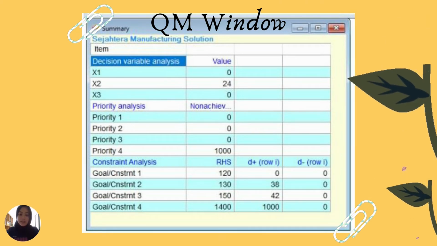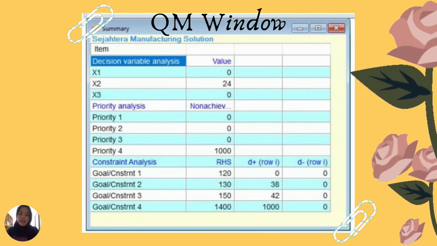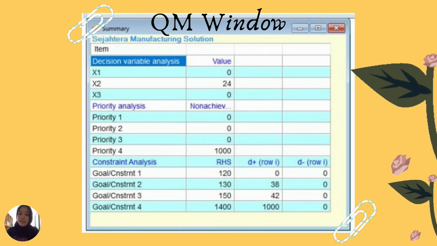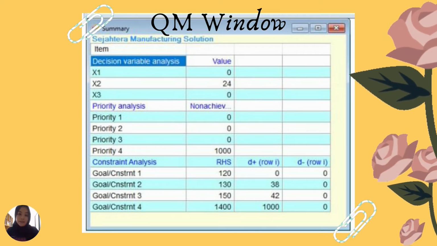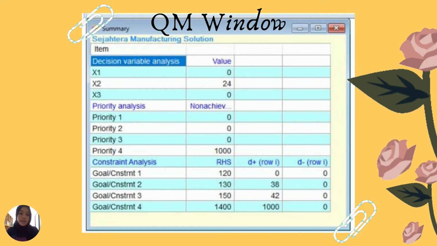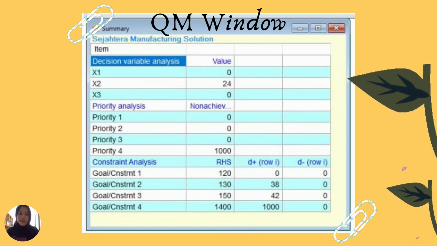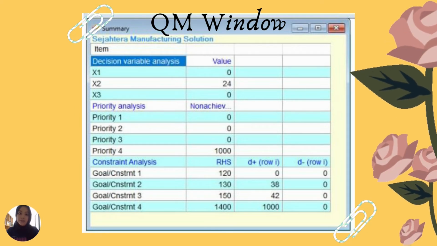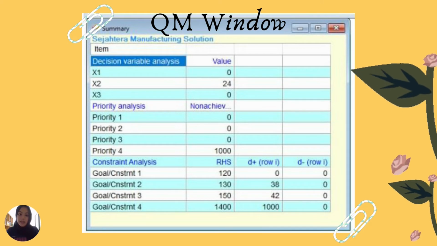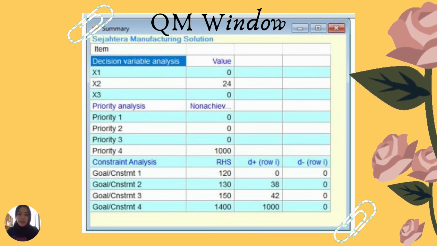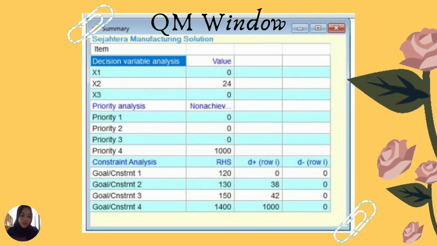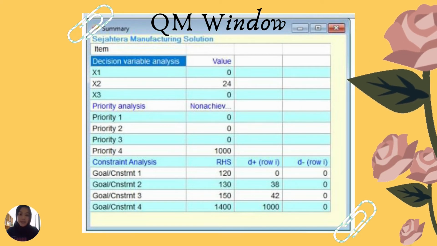The non-achievable column states whether that priority can be pursued or not. If the value is 0, that priority can be pursued. But if the value is other than 0, that priority cannot be pursued. The third is the constraint analysis.